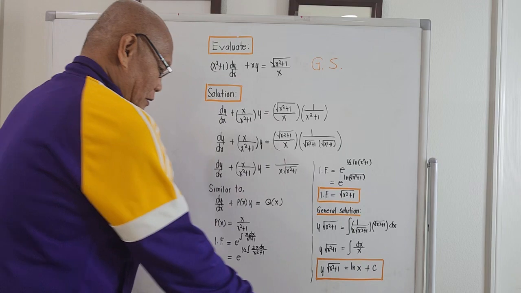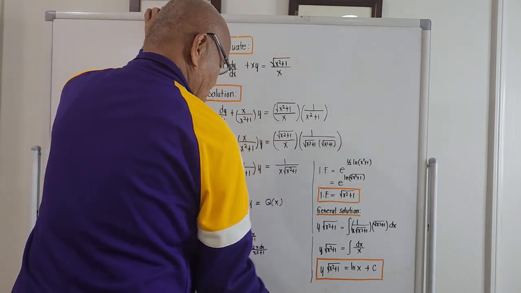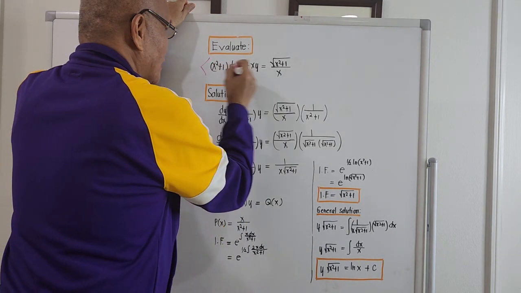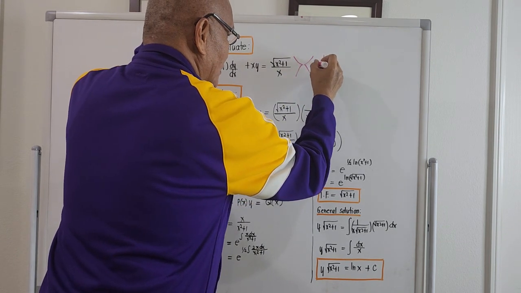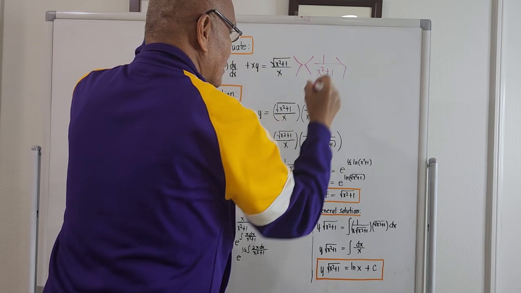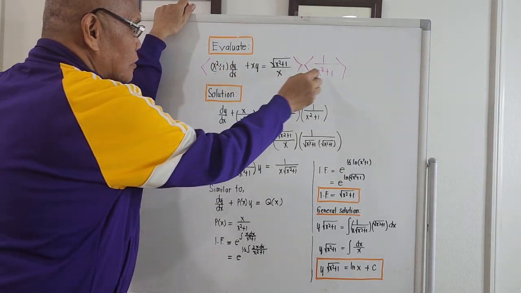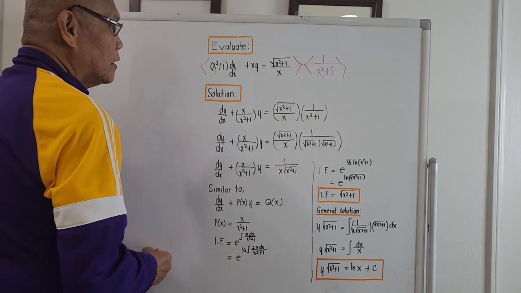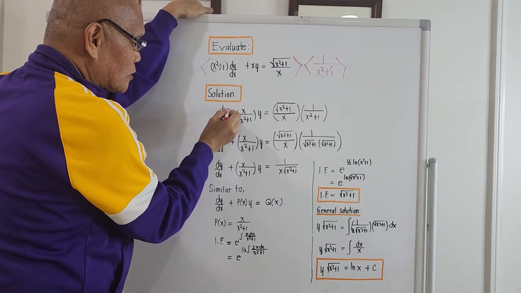So if we multiply the given differential equation by 1 over x squared plus 1, this one here cancels with this. So what remains on the first term after the multiplication will be simply dy/dx.